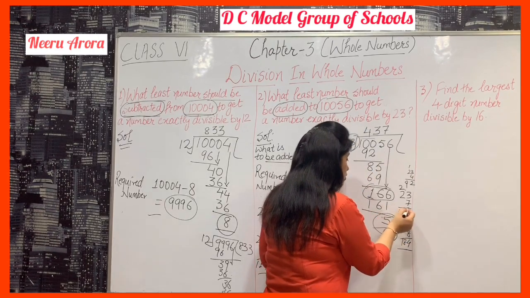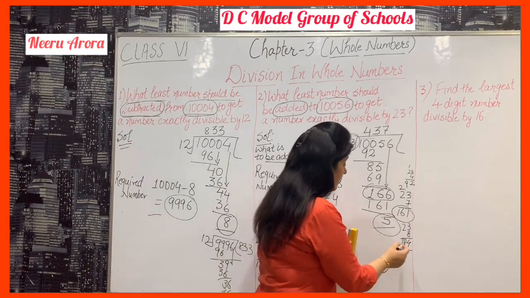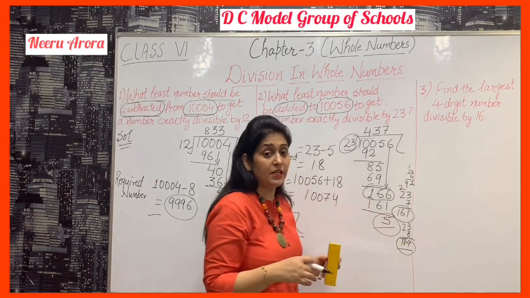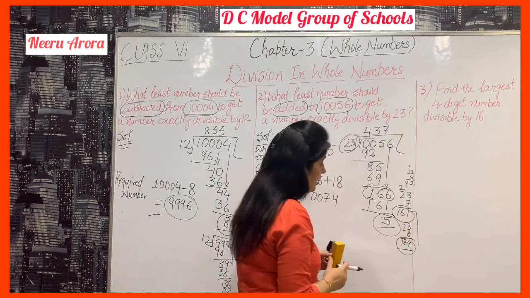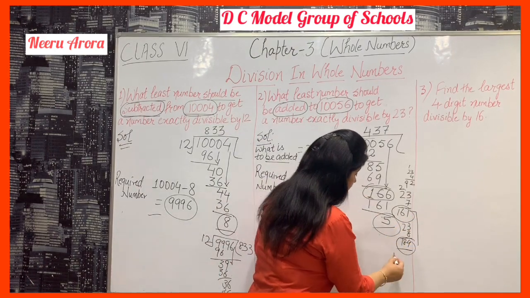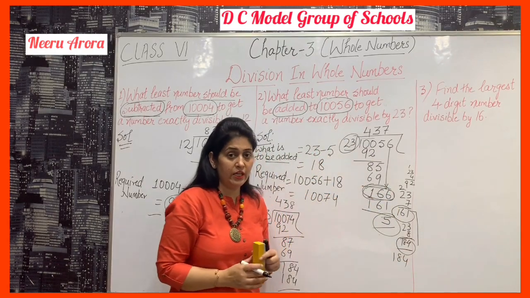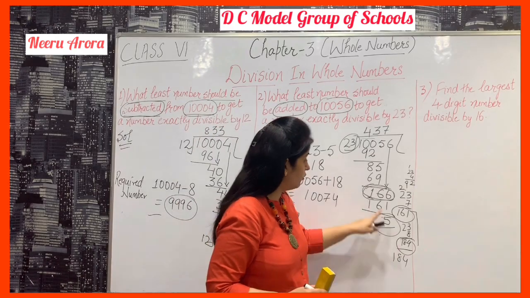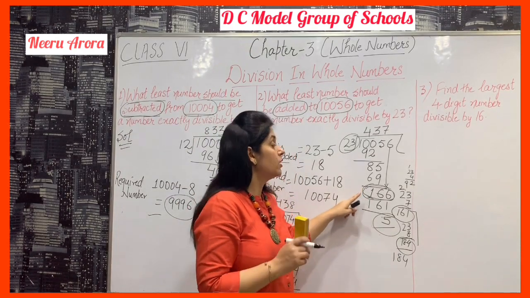So it goes on to 7, but it is fully divisible if it is 184, if it is multiplied by 8. So what is the difference in these? If we have 184 instead of this 166, the number is divisible by 23.